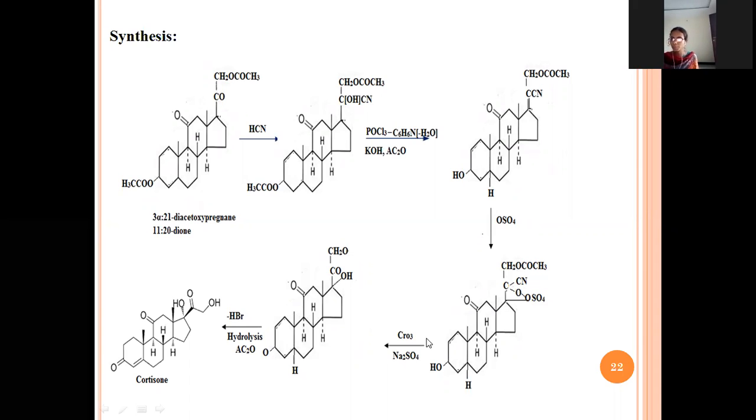In the presence of chromium trioxide, in the third position, instead of the hydroxyl group, only the oxygen group is attached, and the osmium group is eliminated. Next, it undergoes the hydrolysis process, and we will get the cortisone compound. So this is the synthesis of cortisone.